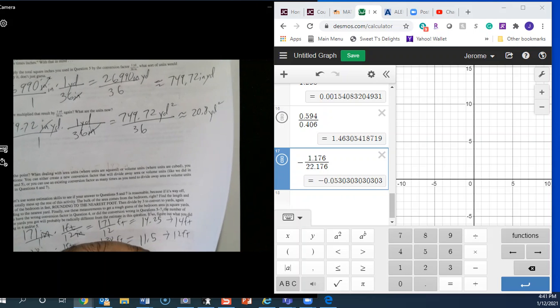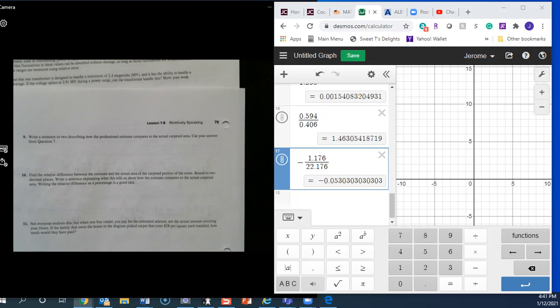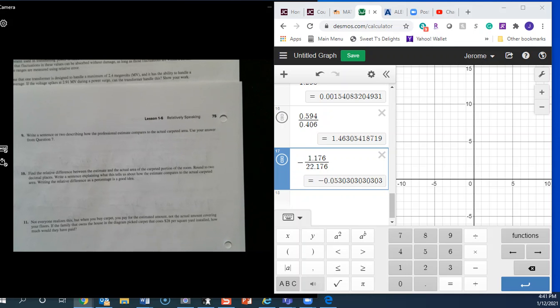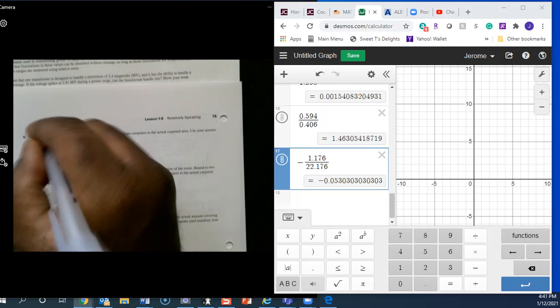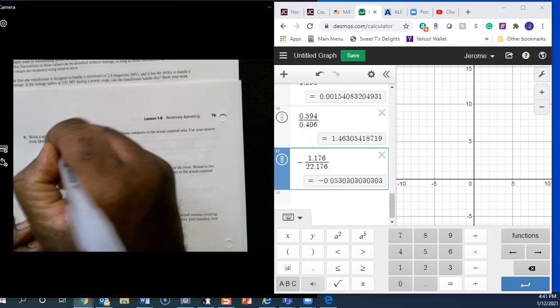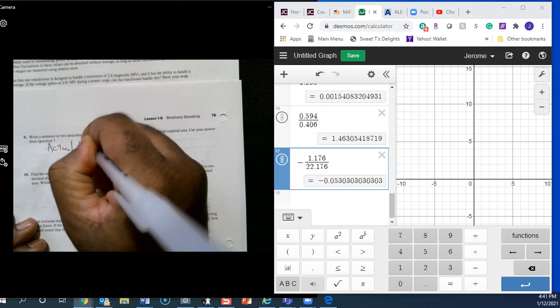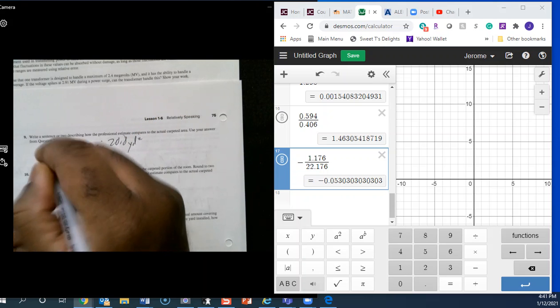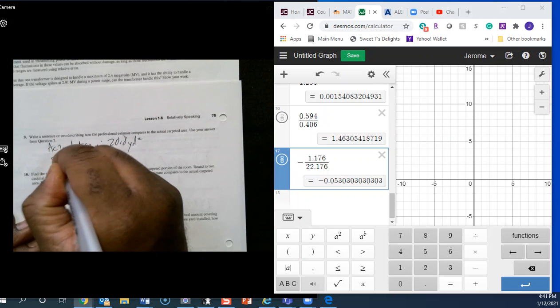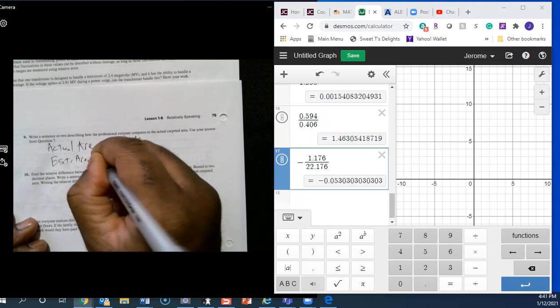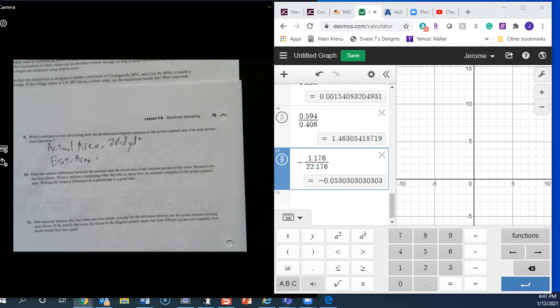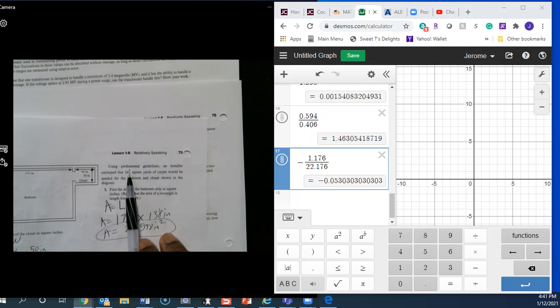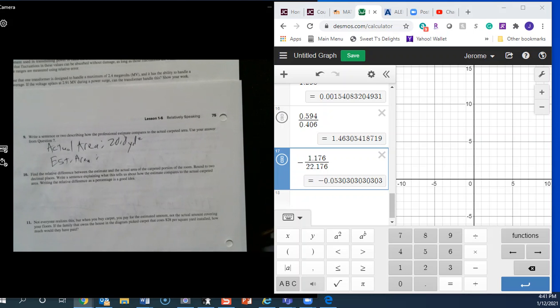Okay, now we come here to the next page. Page 75. It says write a sentence or two describing how the professional estimate compares to the actual carpeted area. Okay, now the actual area was 20.8 square yards. The estimate, which was given to us, and I'll pull this back here, this is the estimate, the 24 2/3 square yards.